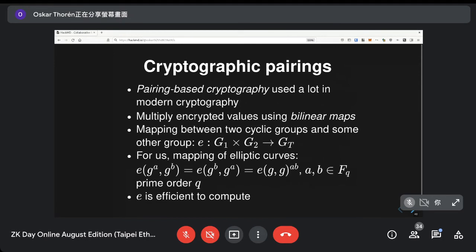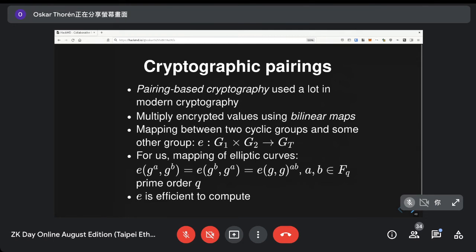So, cryptographic pairings. Pairing-based cryptography is used a lot in modern cryptography. It allows us to multiply encrypted values using bilinear maps. It's a mapping between two cyclic groups and then some other group, GT. This output group is in a different space. In our case, what we care about is the mapping of elliptic curves over finite fields.